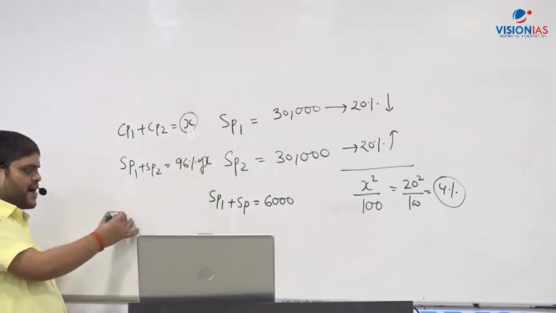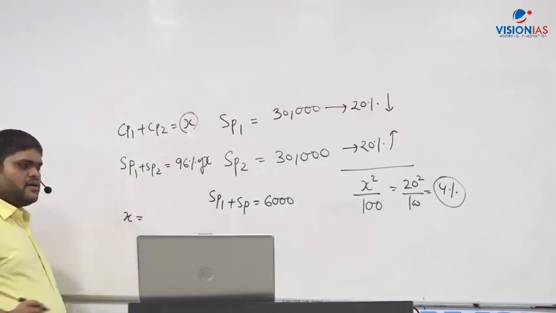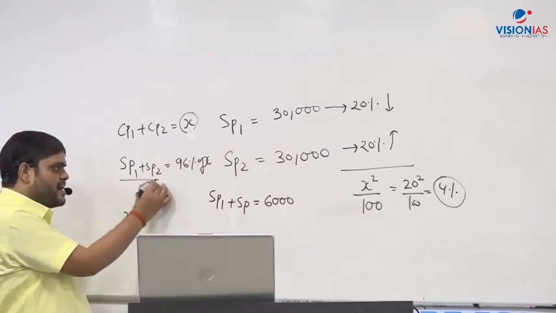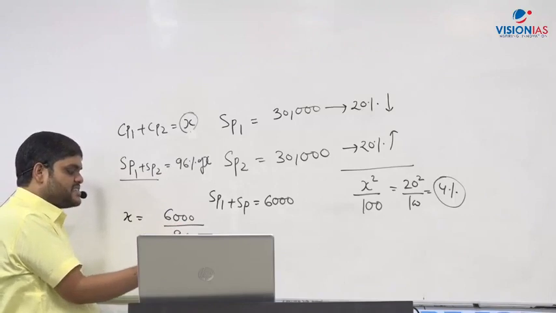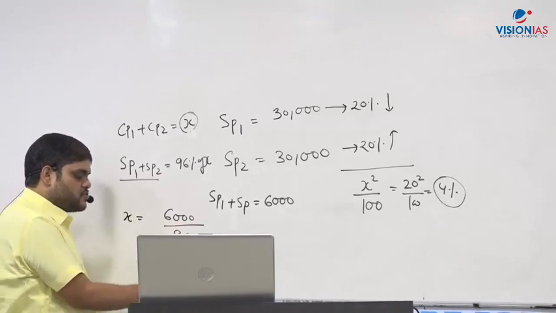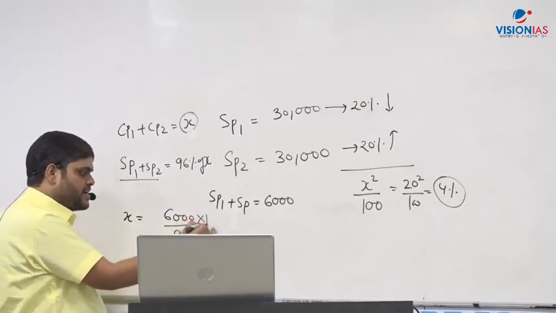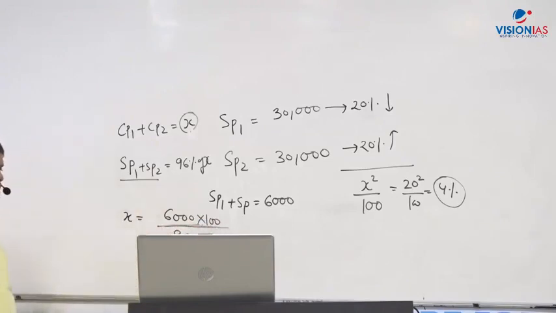So can we find the value of x from here? The value of x is 6000 upon 96%, so 100 will come here. Now solve this, how much are we getting?